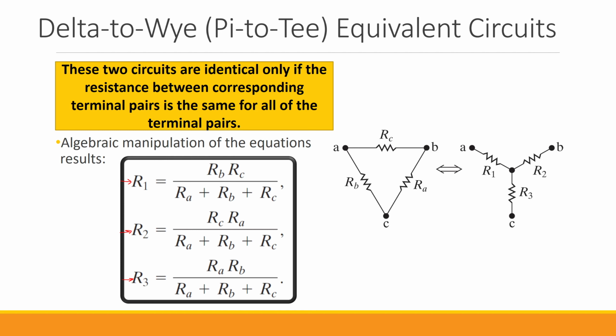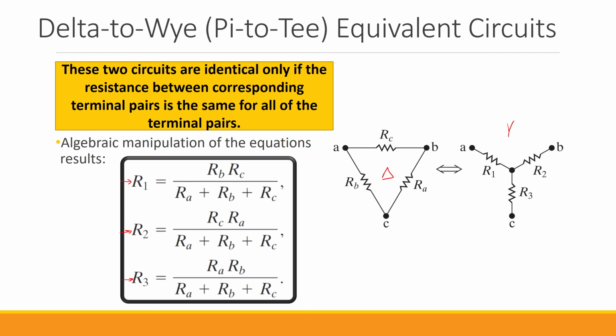So what does it mean? It means that if you have this circuit in the delta configuration with values RA, RB, and RC known, using these three equations, you can convert this circuit into a Y configuration. And for each one of these R1, R2, and R3, you can calculate their corresponding values.